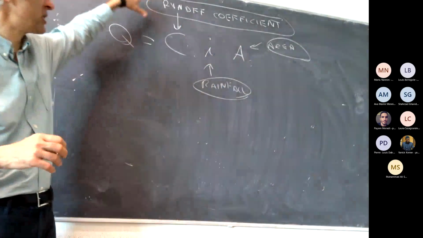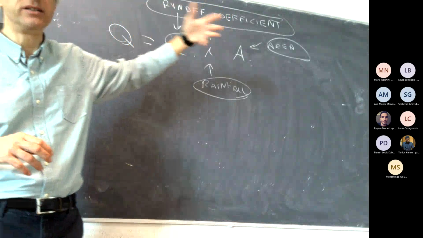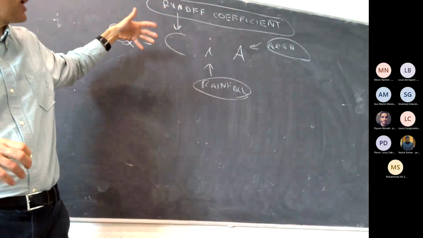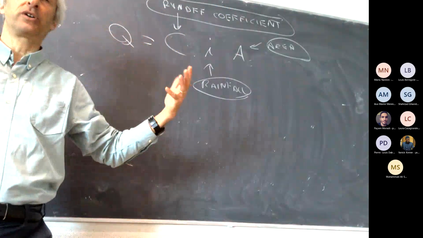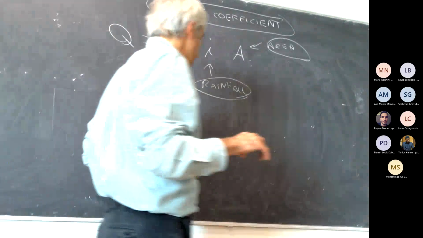And if I change C, the model doesn't change in its structure. I'm not adding complexity. It allows me to adapt the rational formula to different rivers, to different contexts. And let me give another example.